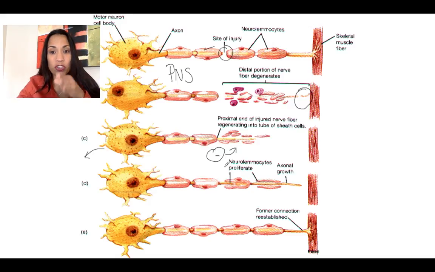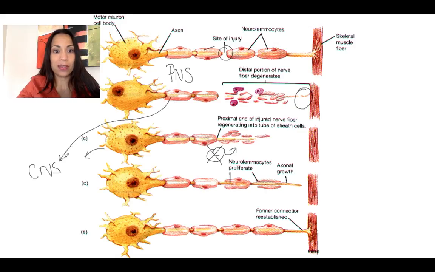And one of these research aims is to find a way to block with drugs these chemicals that are inhibiting the growth of the axon, or imagine that we can bring from the peripheral nervous system into the central nervous system, we can bring or transplant some of these Schwann cells or some of the mediators that the Schwann cells produce, that stimulate the growth of the axon.